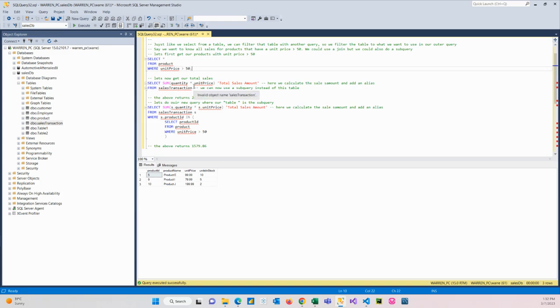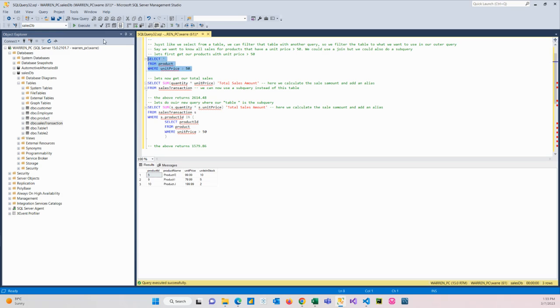In our entire transactional table, what is the sum of the quantity times unit price, or the total sales amount as we're going to call it, for all products that have a unit price above 50? In other words, we want to find out the total sales for these products because they all have a unit price above 50.